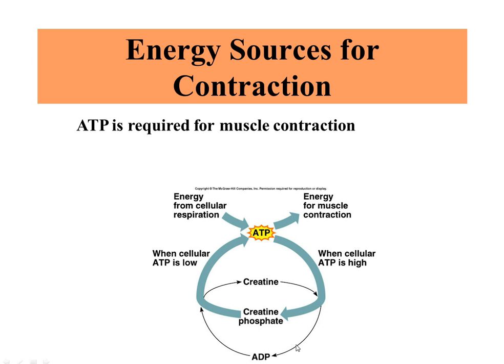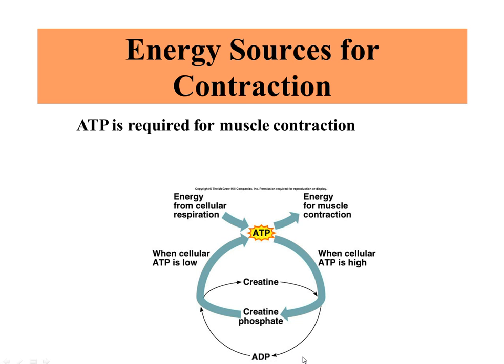Now here's this ADP in this cycle, and at a point the creatine releases its phosphate. It is added to the ADP to make ATP.